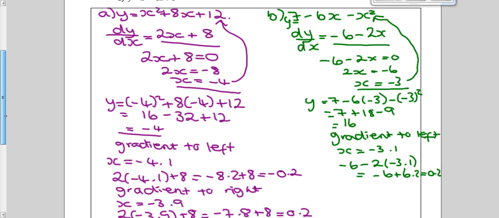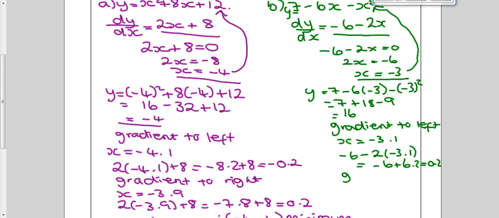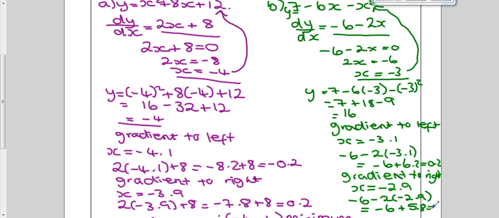And then the gradient to the right, so that's substituting in the x value of minus 2.9. So that means that we'll have minus 6 minus 2 lots of minus 2.9, which is the same as minus 6 plus 5.8, which gives us a gradient of minus 0.2.